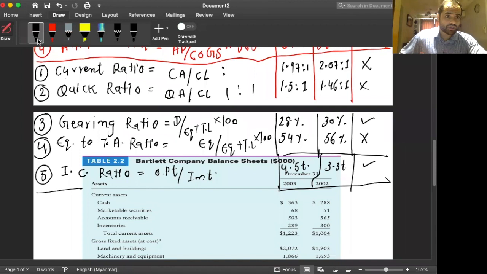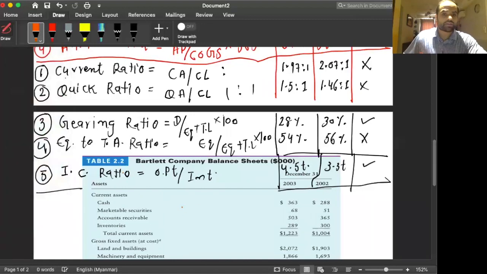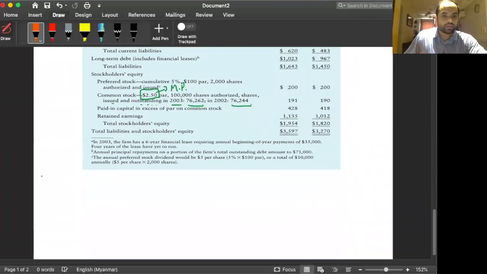Let's move on to the last ratio, which is shareholders investment ratio. So the first ratio for shareholder investment is the earning per share.